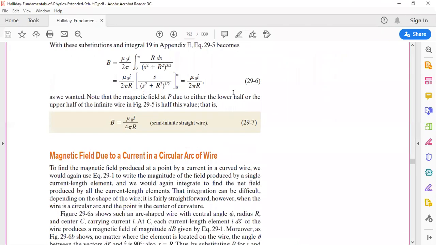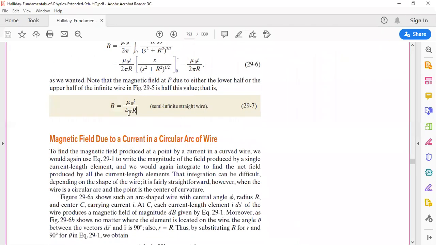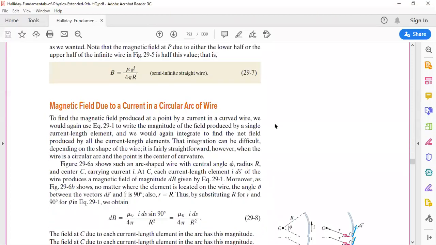So you will get the equation with 4 pi r. This is our required equation, 29.6 and 29.7. So this is how we simplify the equation.